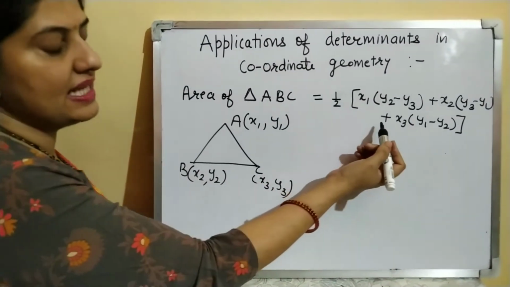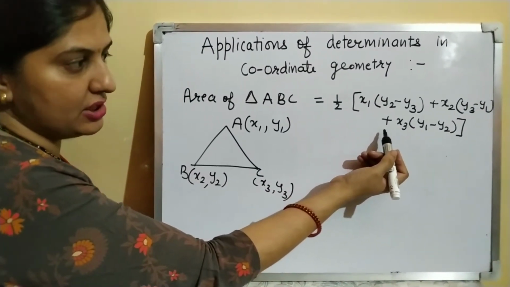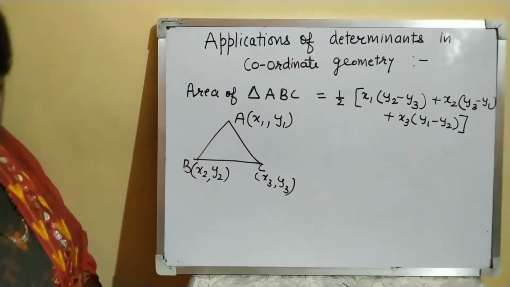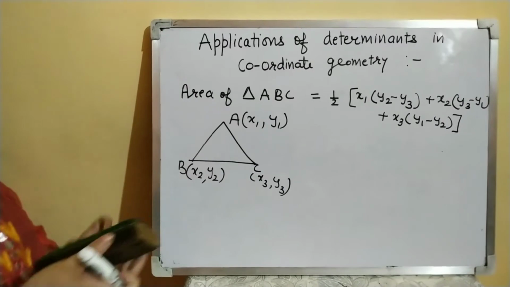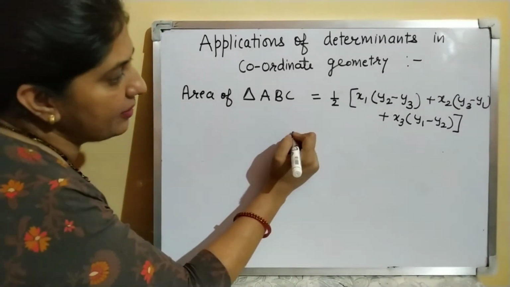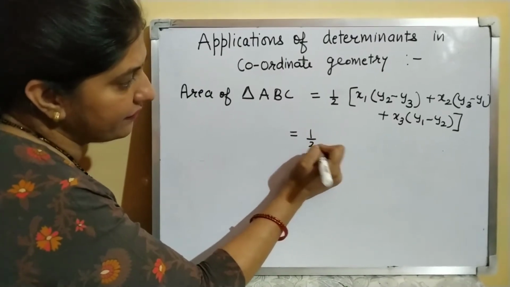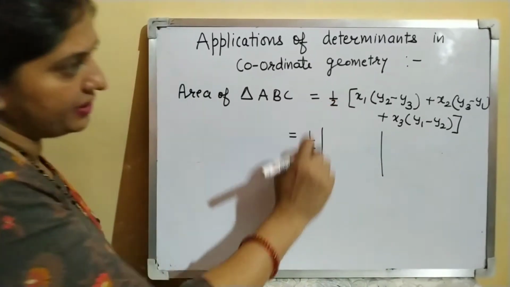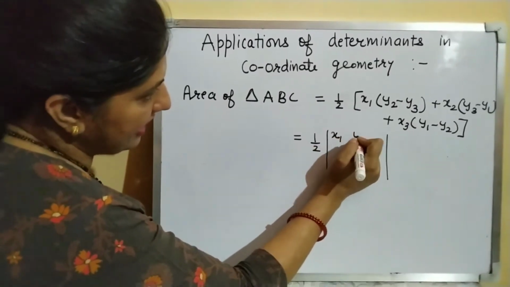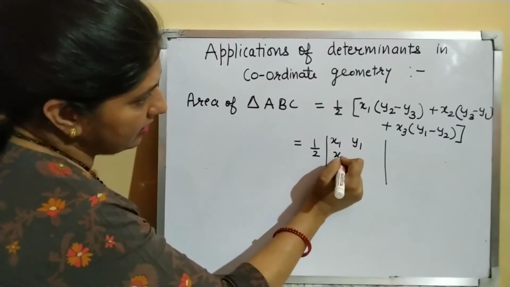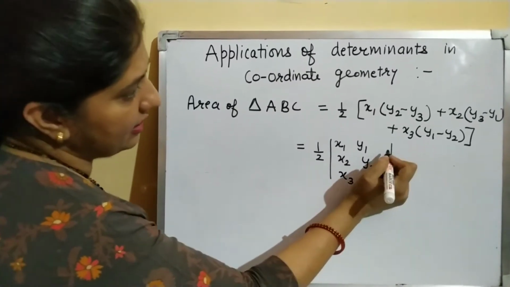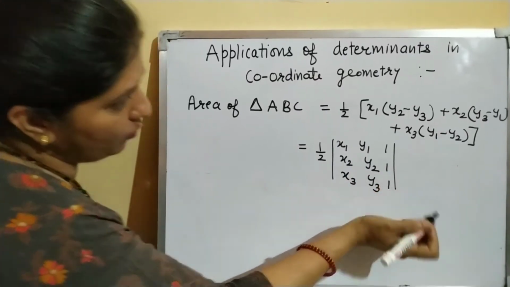Now this expression can be written in the form of determinant. See here. It can be written as half determinant with entries x1 y1, x2 y2, x3 y3 and last column is 1 1 1.